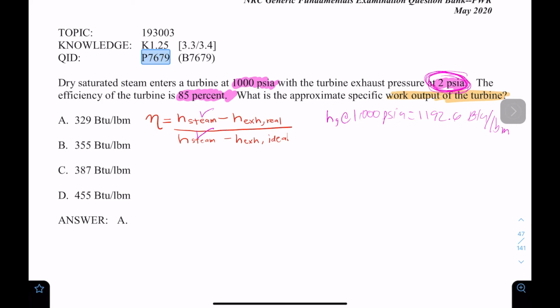I have to go to that point, and then I have to go all the way down to where I cross the mark on 2 psia. So I go all the way down, and where I cross that mark, I'm gonna get around 850, maybe 800. I get 850 approximately, right?